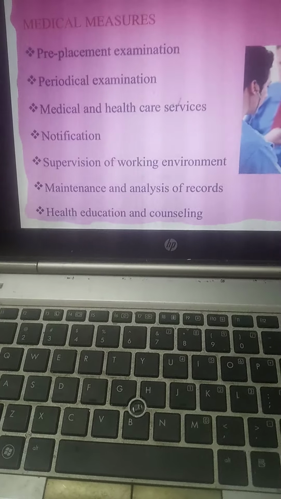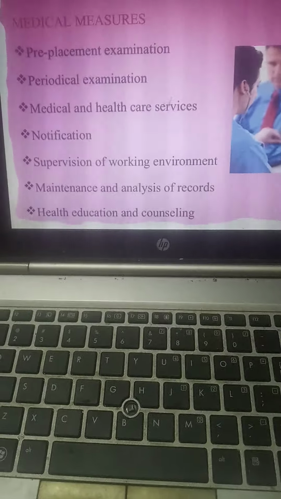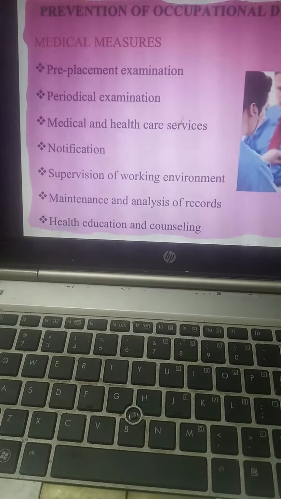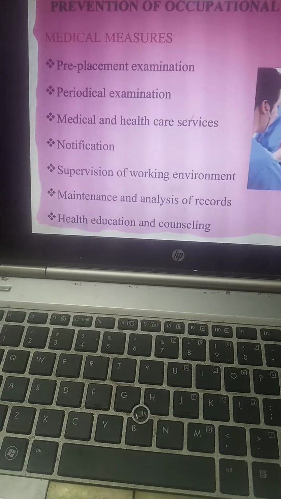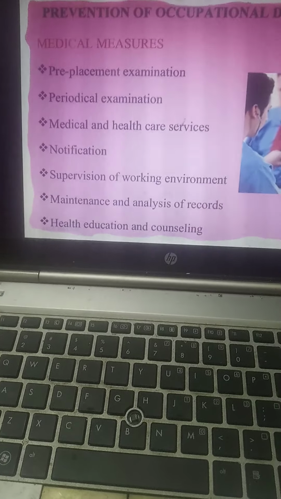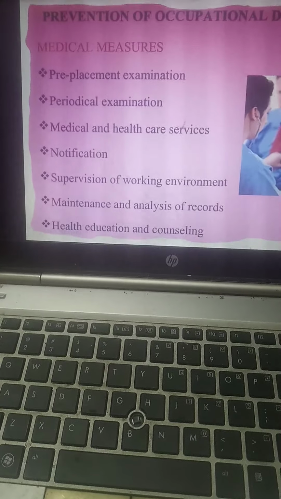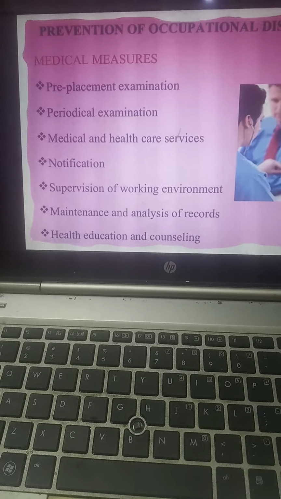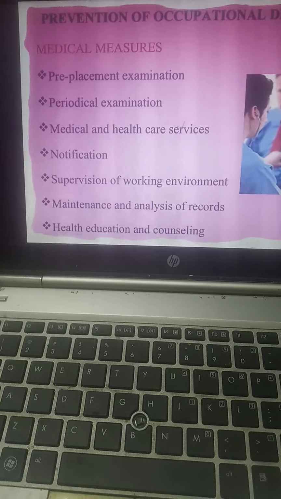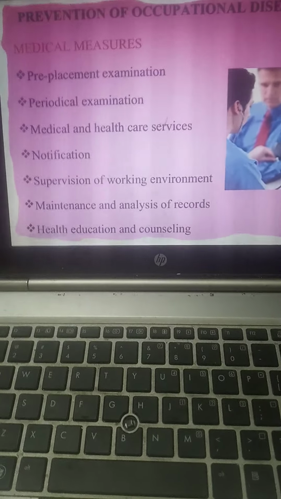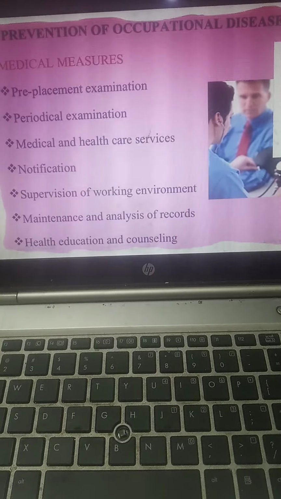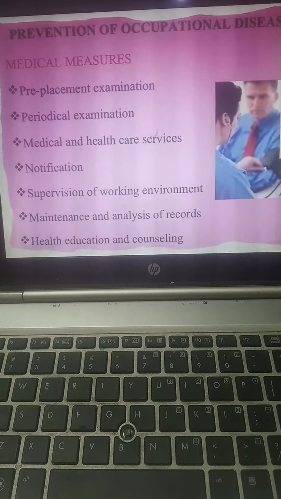Now then, medical and healthcare services should be provided, so here comes the point of third mode of intervention, that is early diagnosis and prompt treatment. If medical and healthcare services are provided free of cost and within the vicinity of the factory, then the disease can be promptly identified, it can be diagnosed in early stages, and all the preventive and the treatment measures can be taken regarding that.